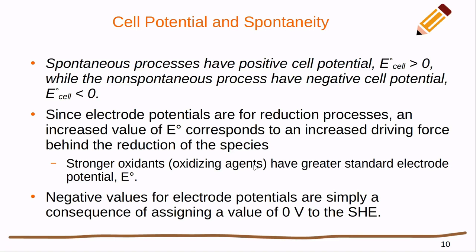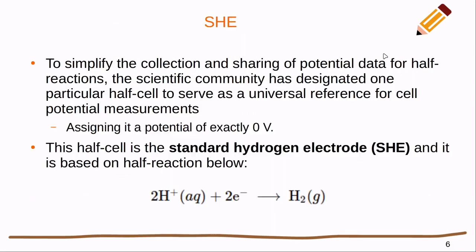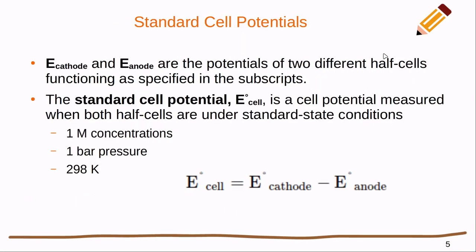So let's go back just a little bit here. First off, standard E cell. If I want to calculate the standard E cell, I need to use this equation. I need to look up a half reaction that's behaving as the cathode in my galvanic cell, and the half reaction that's acting as the anode in that cell.